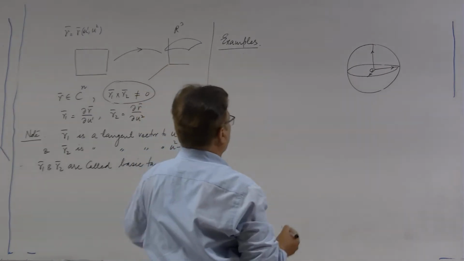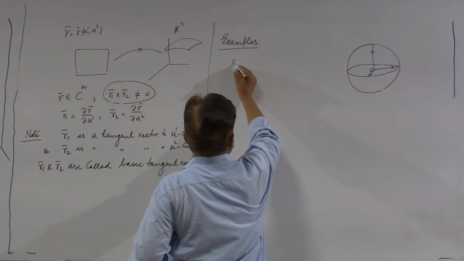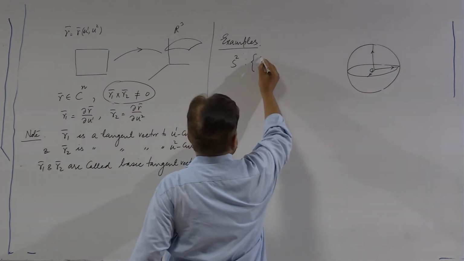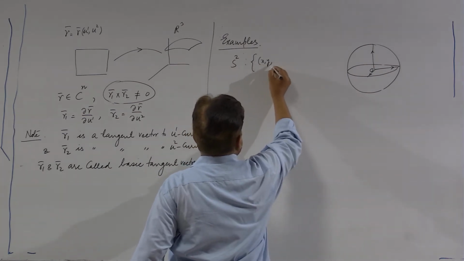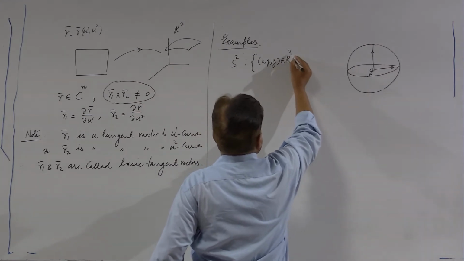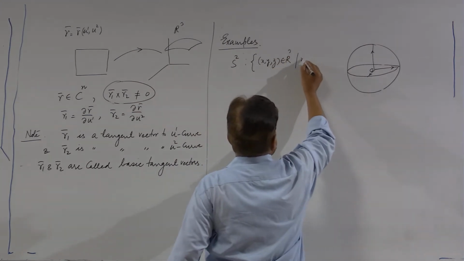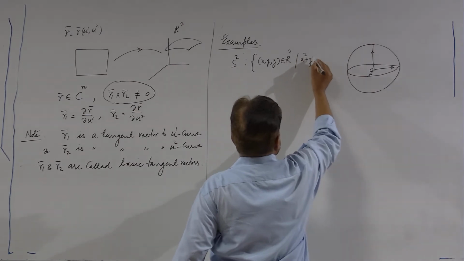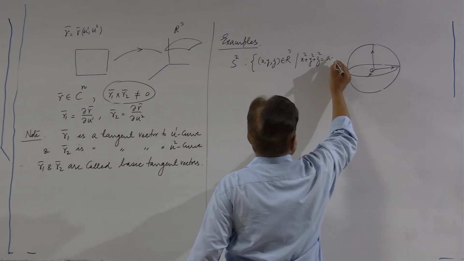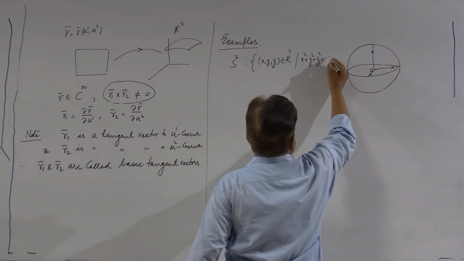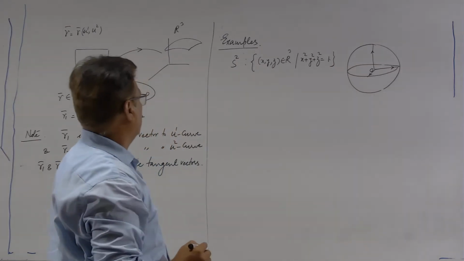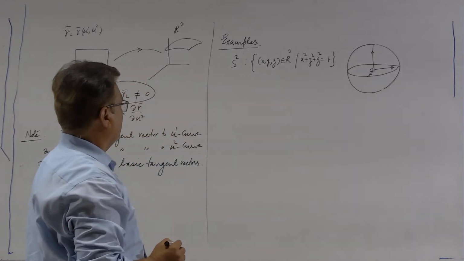We call it S2, and theoretically it is the set of points in R3 such that x square plus y square plus z square equals a square, or if you take radius 1, this is the set of those points in R3 satisfying this.